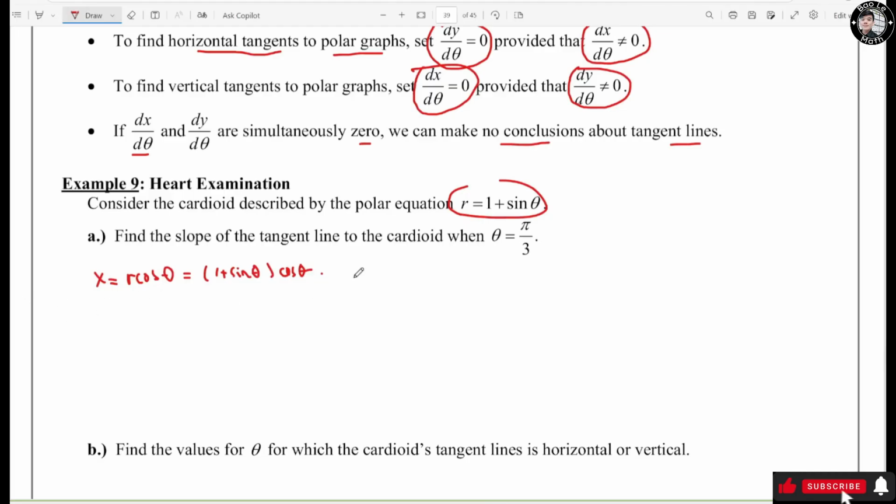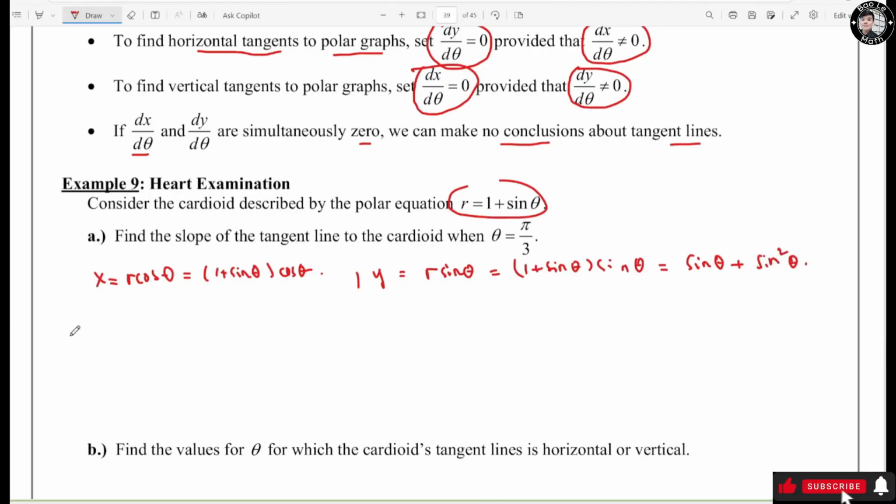And y equals r sine theta is going to be 1 plus sine theta times sine theta. This one right here I can distribute, so it could be sine theta plus sine squared theta.